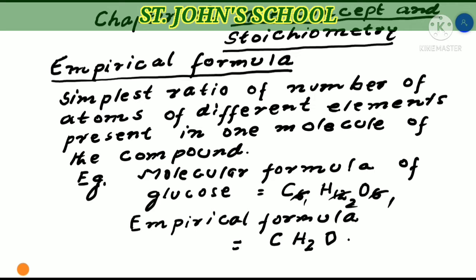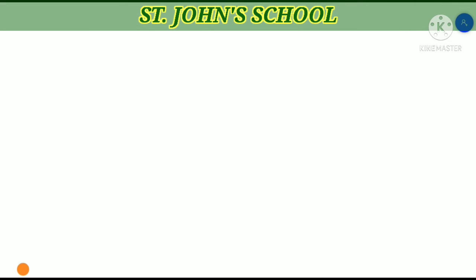Now, in order to do the numericals related to this empirical formula, we should know certain formulae that we are going to note down now. Formulae used, number one, molecular formula.